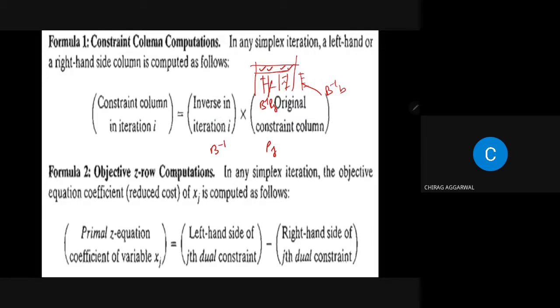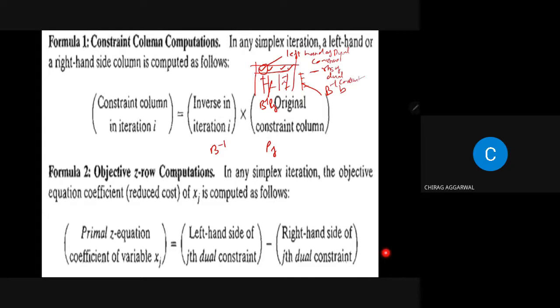In any simplex iteration, the objective equation coefficient, the reduced cost of xj, is computed as the left hand side of the dual constraint minus the right hand side of the dual constraint.